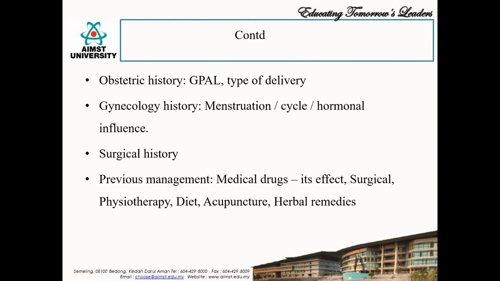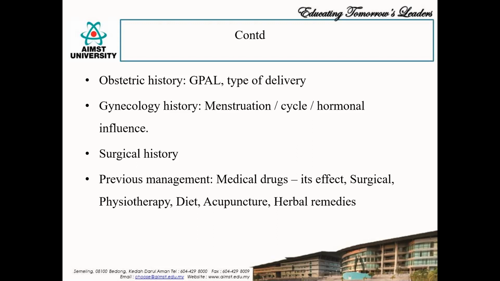Then if they have any P, you have to ask what type of delivery they had, whether they had any cesarean section or normal delivery. Normally it will be written as G2, P1, A1, L1.